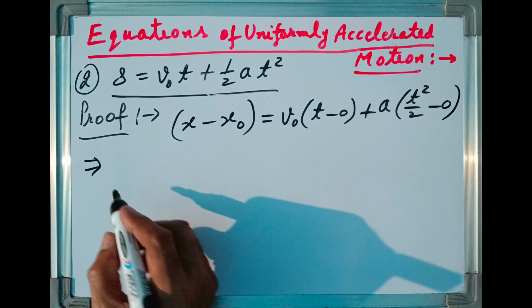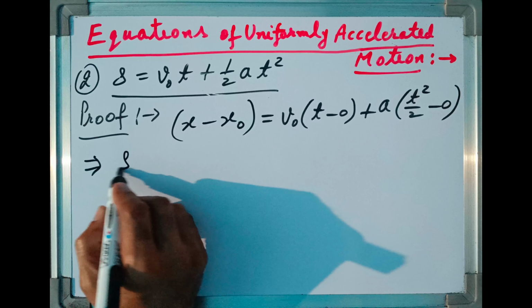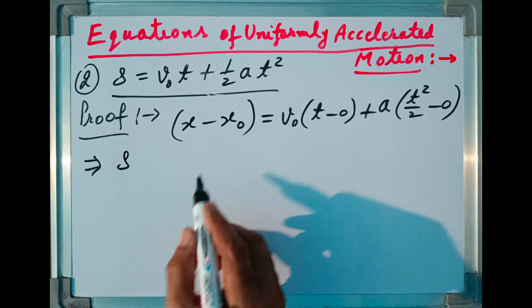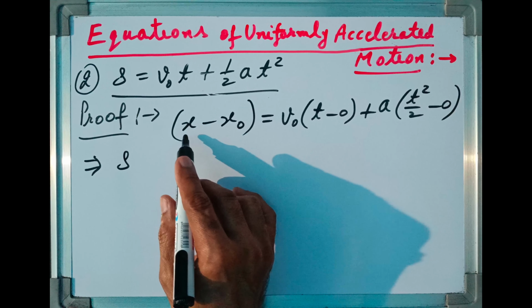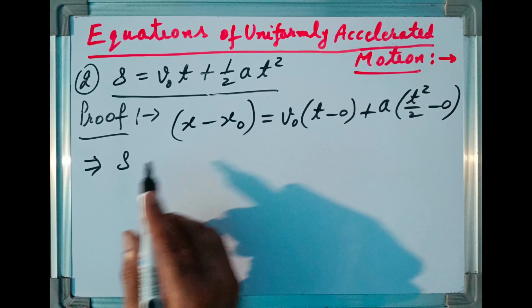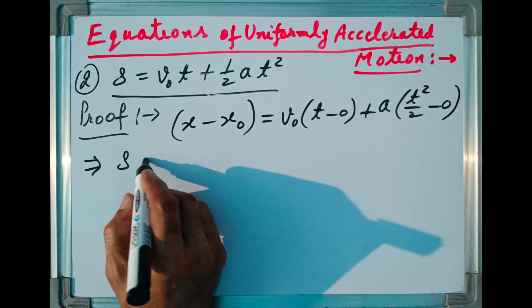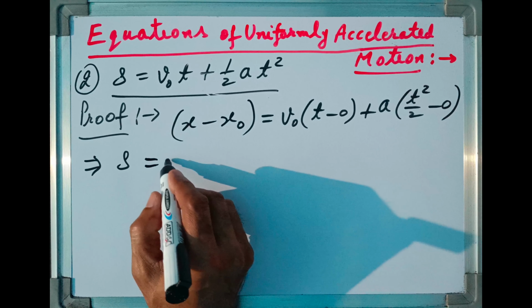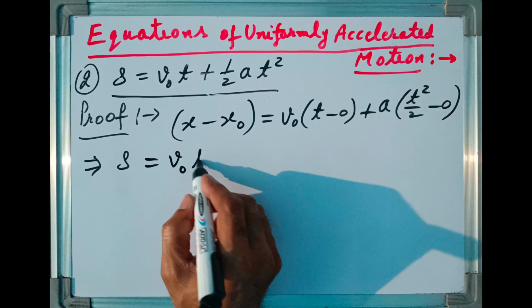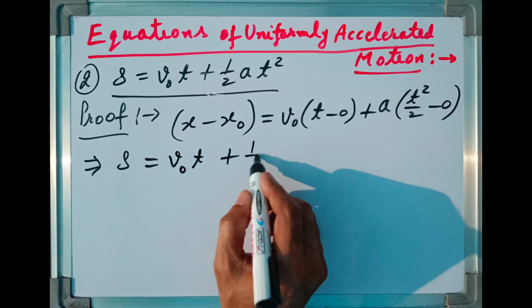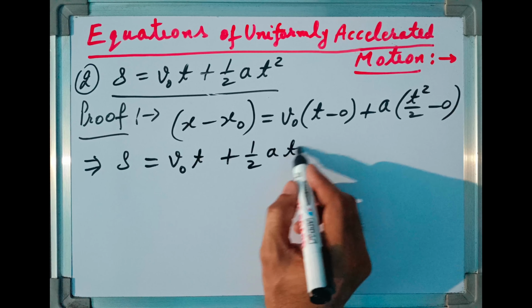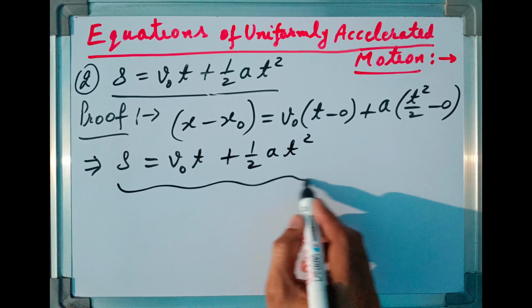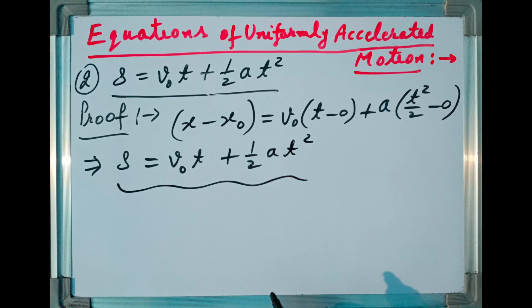Now x minus x naught can be replaced by s, that is distance traveled. This is initial position, this is final position. Difference of the two will give us distance covered by the body in time t. Right hand side we get v naught t plus half a t square. Hence the required second equation of uniformly accelerated motion.